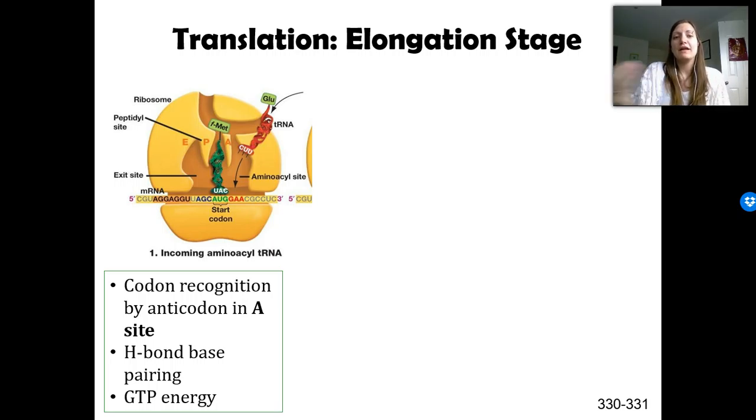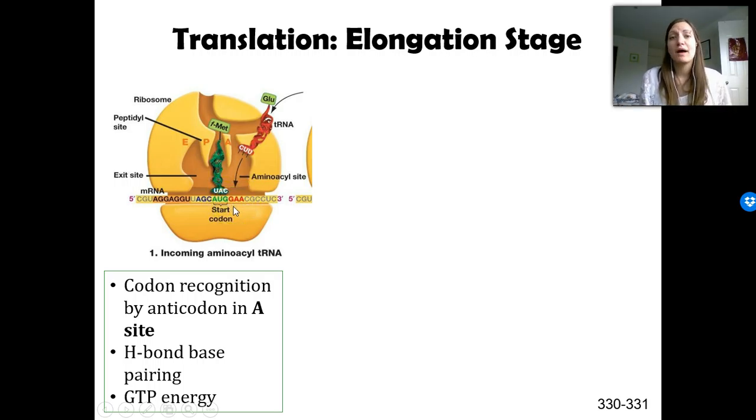a really good fit, they're going to come in to that A site, the aminoacyl site, or the aminoacyl tRNA, a tRNA that has a brand new amino acid on it. So it comes in, and that anticodon that we find on the tRNA is going to form hydrogen bonds with this codon on the mRNA.